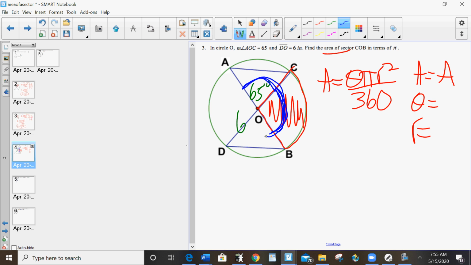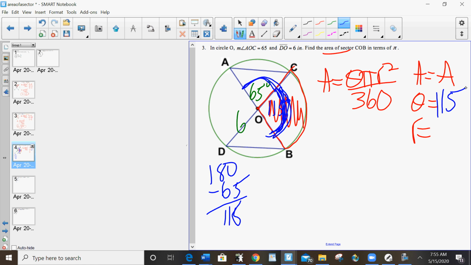And when I have a linear pair, to find the other angle, I just subtract from 180. So this central angle here is 115, and this is the central angle of the sector I'm trying to find. So make sure your central angle is the angle in the sector you're trying to find. If it's not, then you will need to subtract from 180 to find the appropriate one.